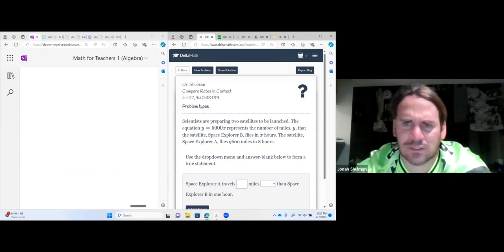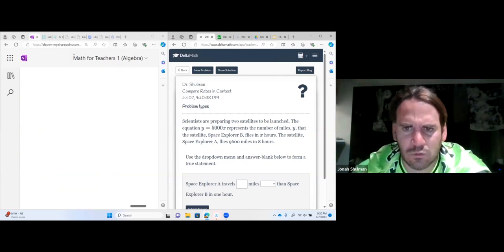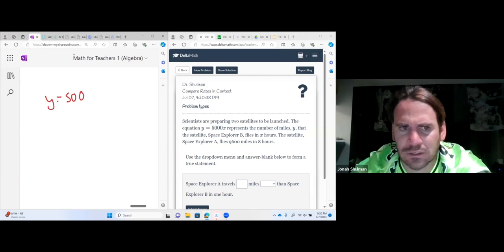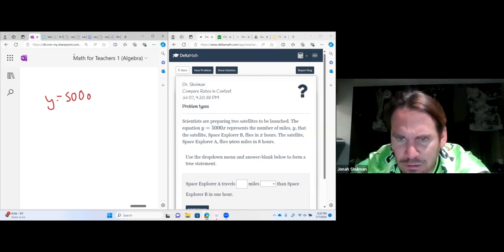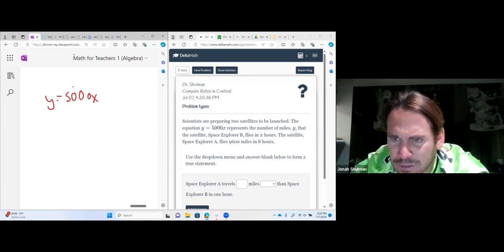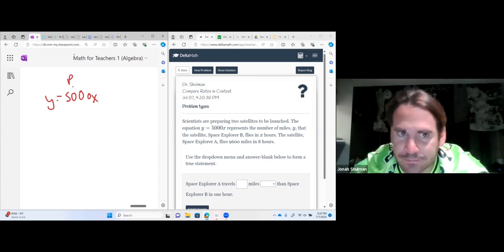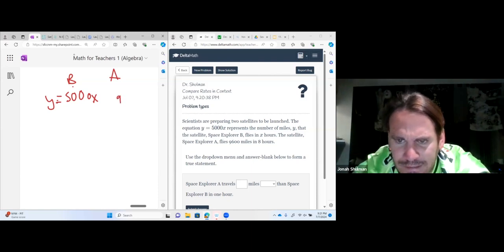All right, so scientists are preparing two satellites. y equals 5,000x. All right, so that's what A represents. Oh, that's B. All right, and A is 96,000 miles in 8 hours.